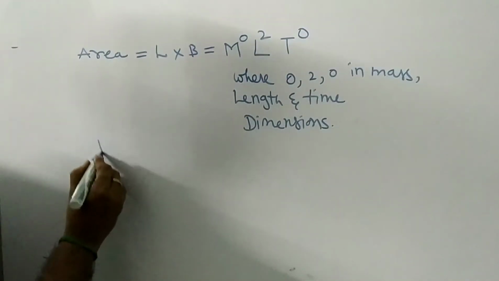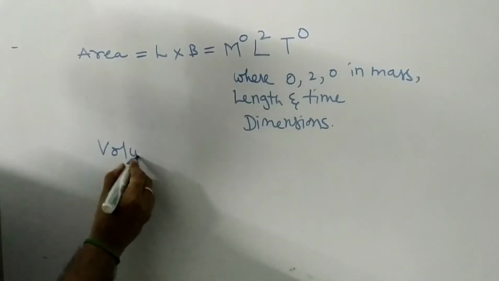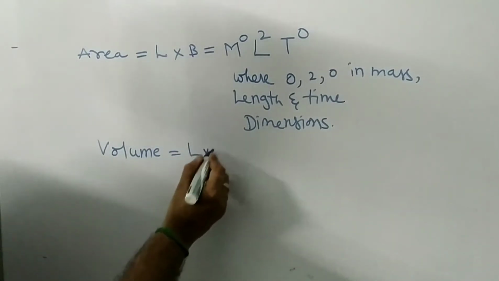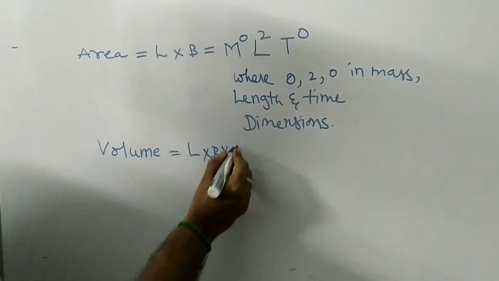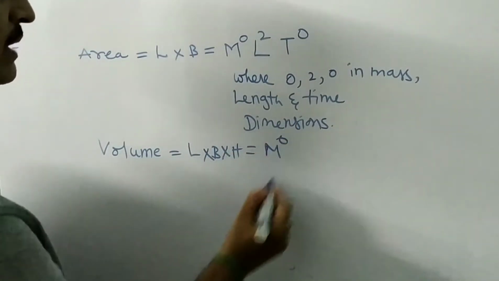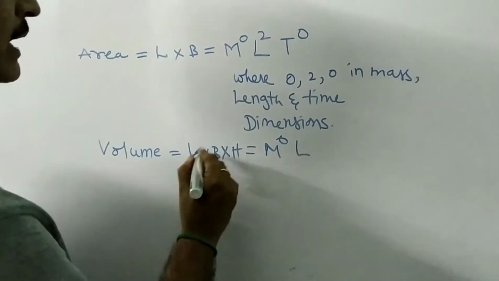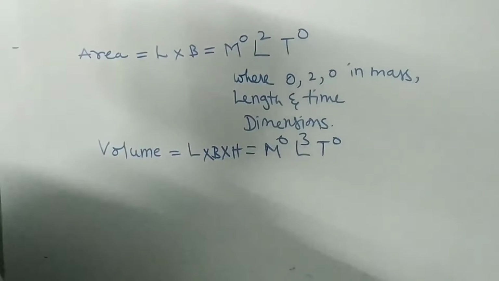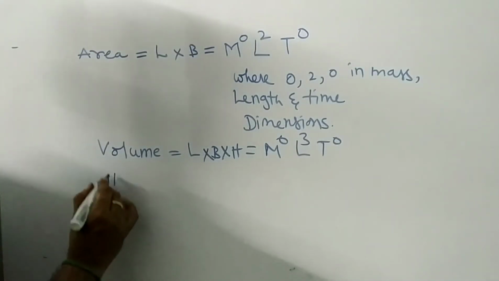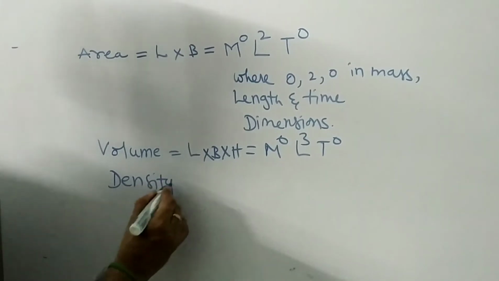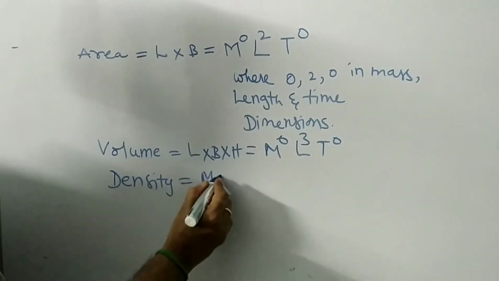Now the next one is volume. Volume is equal to length into breadth into height. So here also we can write mass term is 0, M to the power of 0, L into L into L, L cube, and time is 0. Next, density. Density is equal to mass by volume.